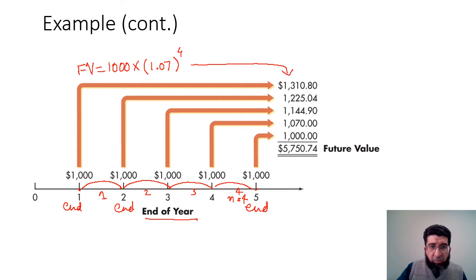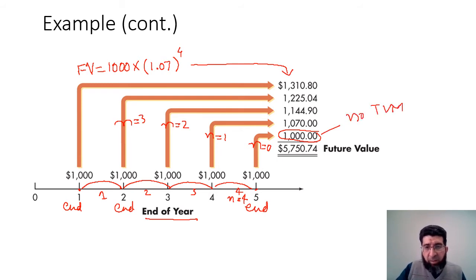For the second amount, we can use n equals 3. This is n equals 2, this is n equals 1, and this will be n equals 0, which means this amount does not get any benefit of investment. No time value is applied on it, no TVM applied on it, and it stays the same. The total amount becomes 5750.